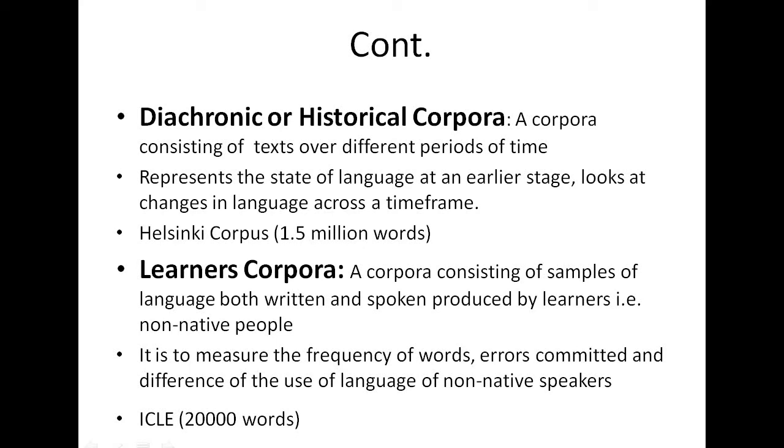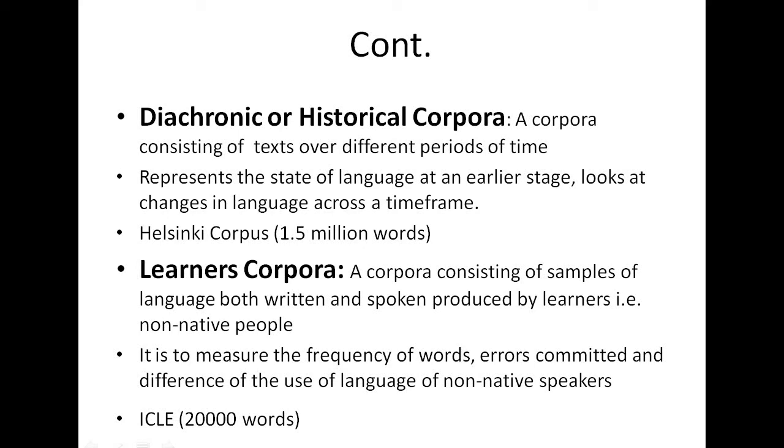Or I can also study through that corpora over the centuries what kind of changes have taken place in this language. The example of such kind of corpora is Helsinki corpus that consists of 1.5 million words.